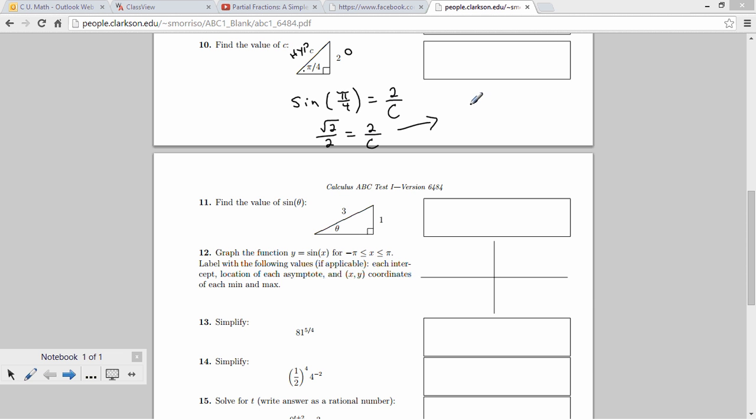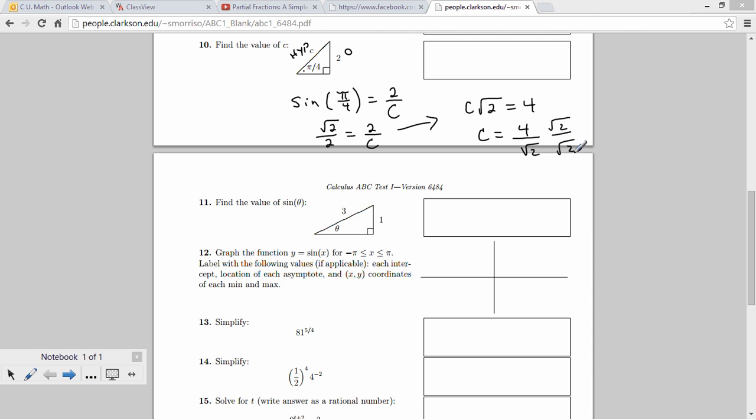And so c times the square root of 2 is equal to 4. Okay, so c is 4 divided by the square root of 2 is one way to do this. Now, from there, you probably would rationalize it.